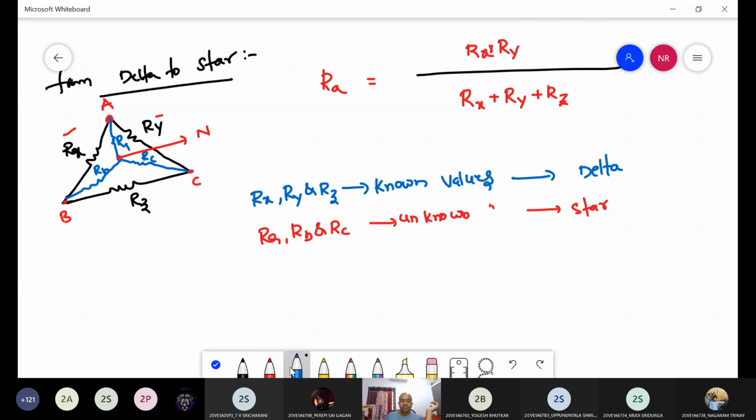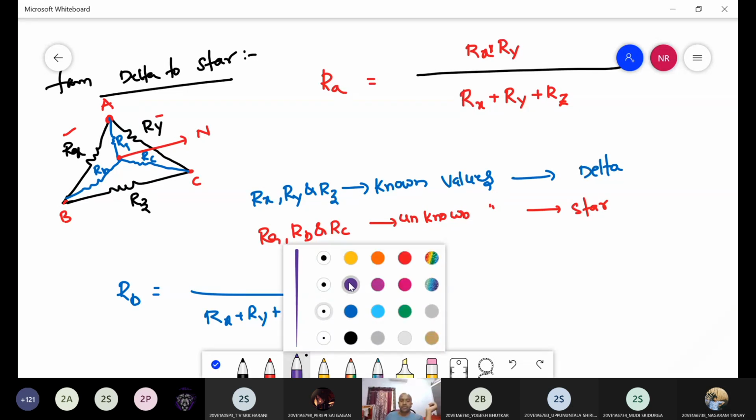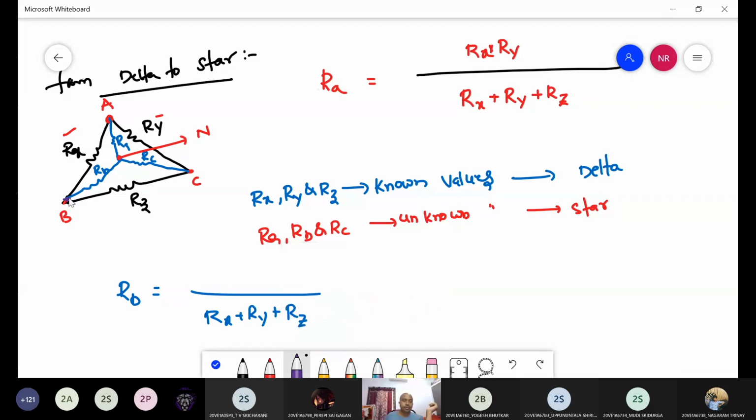Then Rb is equal to, here again the denominator is the same, that is Rx plus Ry plus Rz. Then coming to the numerator, Rb starts from B point.